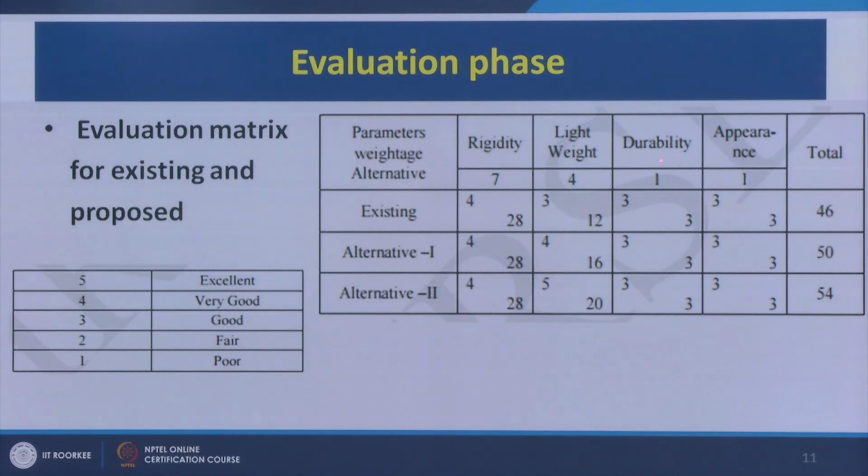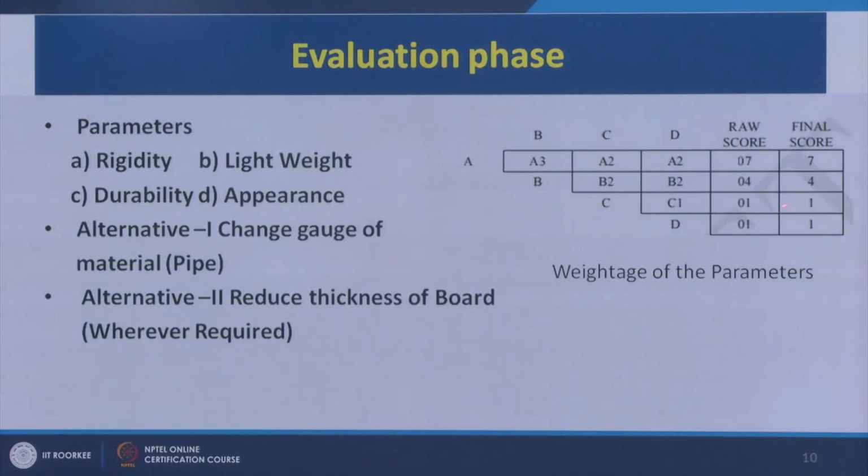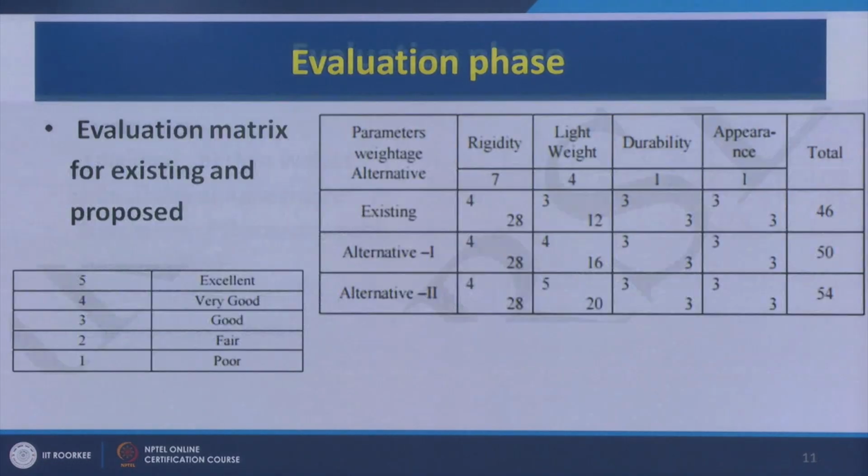The three designs are the existing design, the reduced gauge pipe, and the reduced thickness of the board. For rigidity, lightweight, durability and appearance, the weightage scores are 7, 4, 1 and 1. Yes, it is 1 and 1, absolutely correct. Here the scores are given: 5 for excellent, 4 for very good, 3 for good, 2 for fair and 1 for poor.